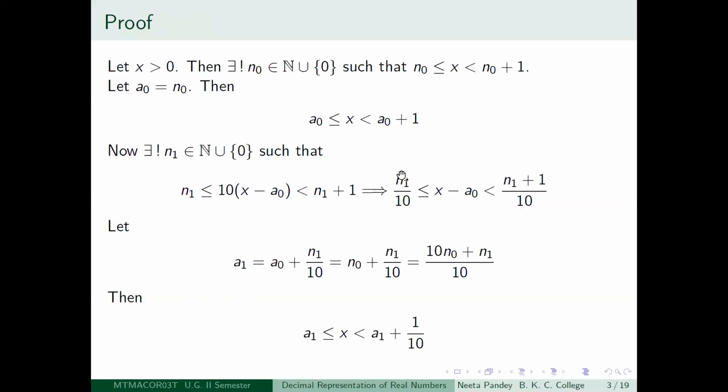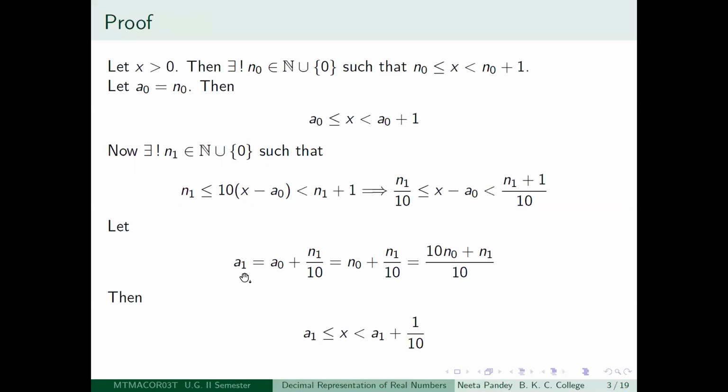You get a0 plus n1 by 10 is less than or equal to x is less than a0 plus n1 by 10 plus 1 by 10. That is what we have written down here. So calling a0 plus n1 by 10 as a1, we get the inequality a1 less than or equal to x less than a1 plus 1 by 10.